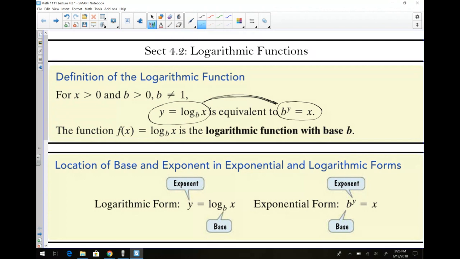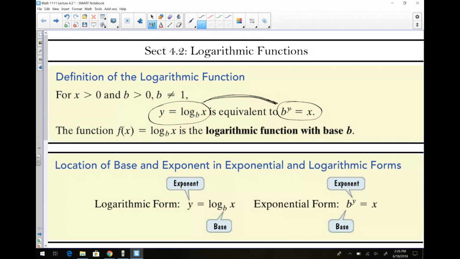This little b here means a base b, and we're used to seeing that base b in exponential functions in section 4.1. Notice that the base in exponential functions is the biggest number that we see, and of course the exponent is the smallest number. If we look at the exponential form over here, where it looks like an exponent, we have a base b raised to the y power equals some number x, okay?